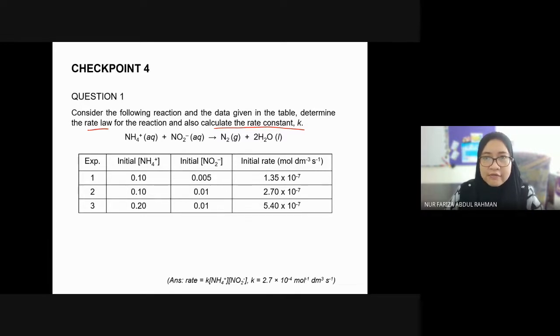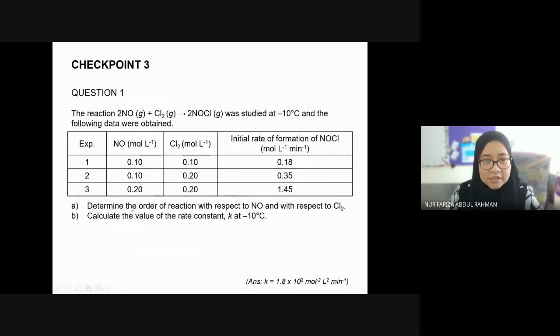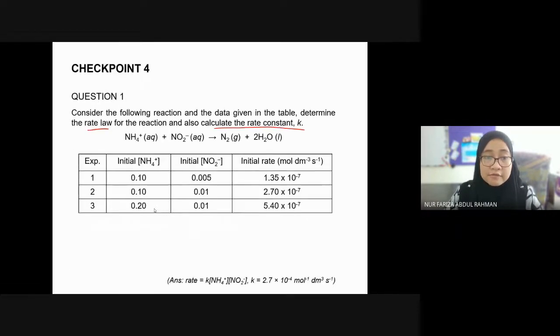It's just that for this one, you have to write the rate law. Previously the question did not ask you to write the rate law, just find the order with respect to each reactant. But this time around, you have to write the rate law. But the process will still be the same.